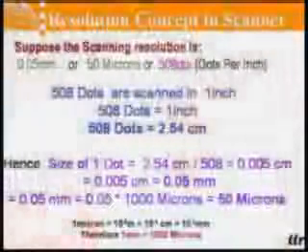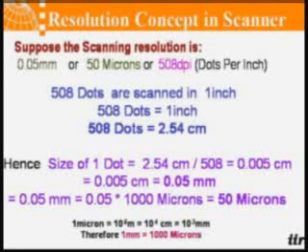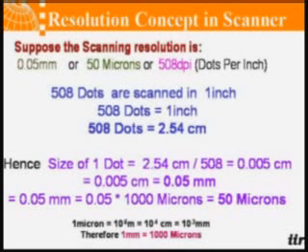So coming back to 508 dpi, it is 508 dots scanned in 1 inch. So you just write 508 dots is equal to 1 inch. 1 inch is equal to 2.54 centimeters.